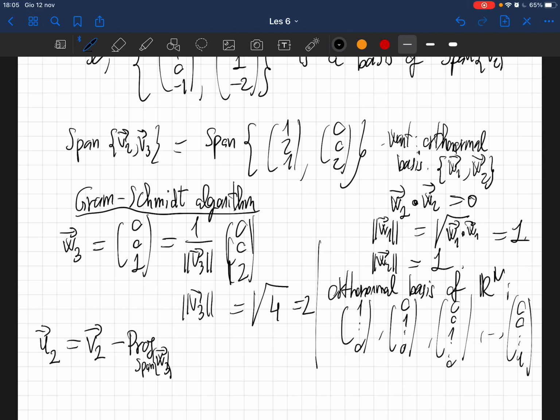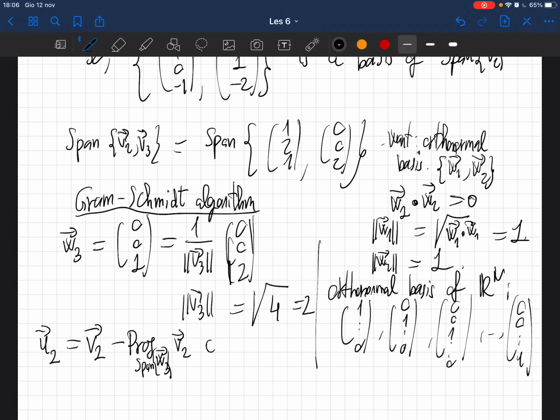You do this, and you should know that this is by definition orthogonal.